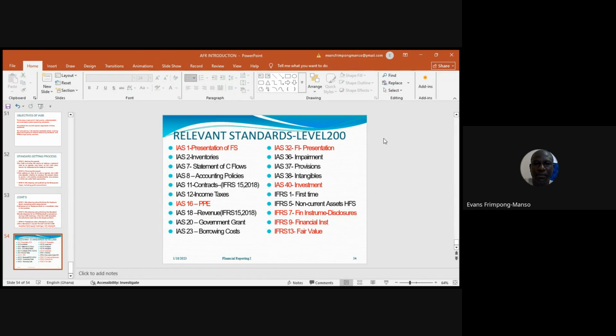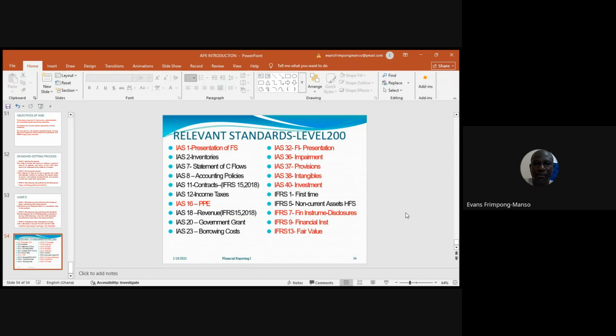Then the next meeting, you look at IAS 36 that I talked about. You look at 37 and 38. This one. So you will see that this one is only financial reporting one. This is just financial reporting one.